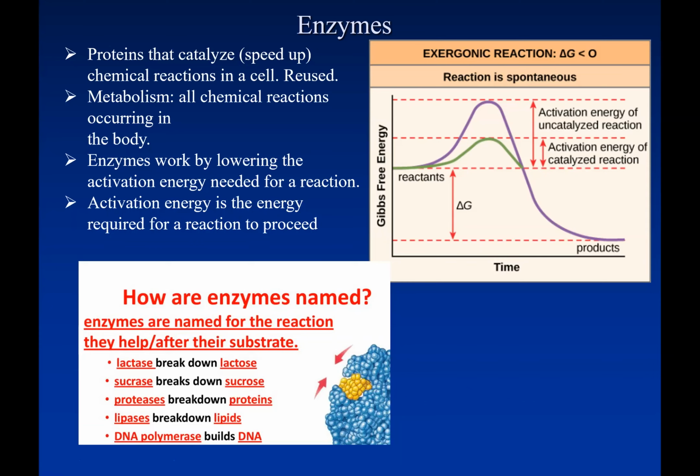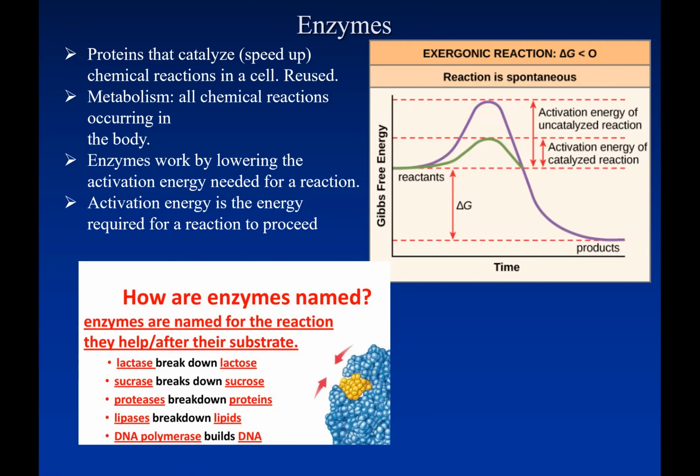How are enzymes named? Like in a word, there's a prefix and suffix. If it ends with -ase, it is an enzyme, and it is named after the substrate it works on. The reactants are called substrates in an enzyme-catalyzed reaction.